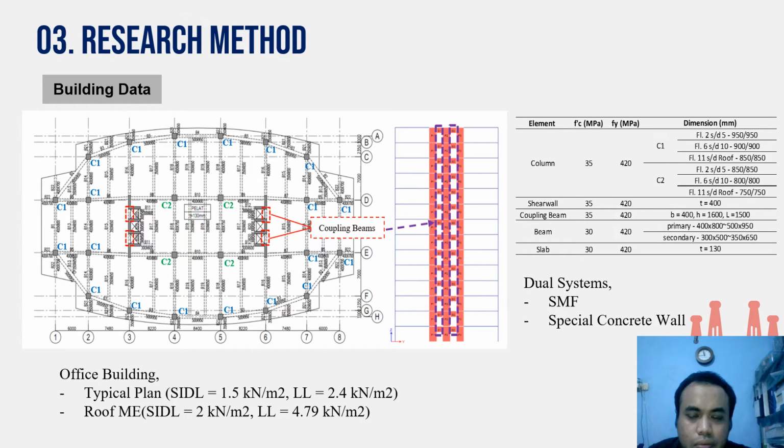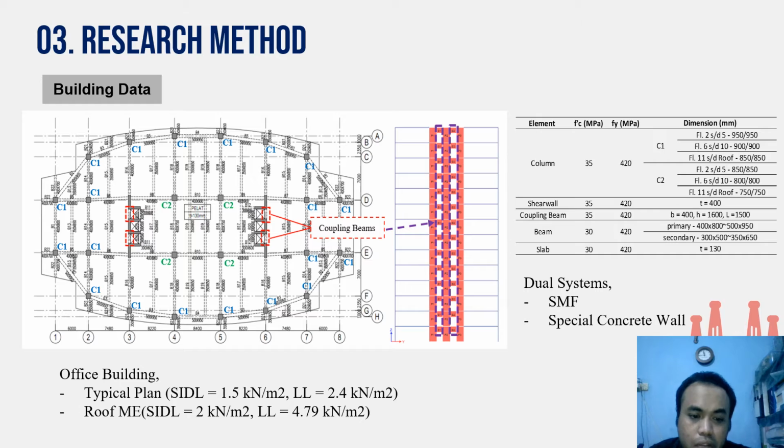And for this building I use a dual lateral resisting system with special moment frames, columns and beams, and special concrete wall. And the office building consists of typical plan and roof loading with superimposed dead load.